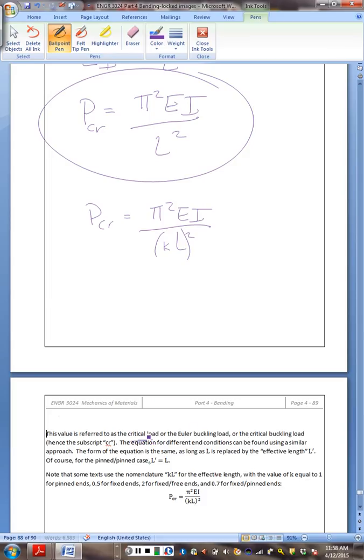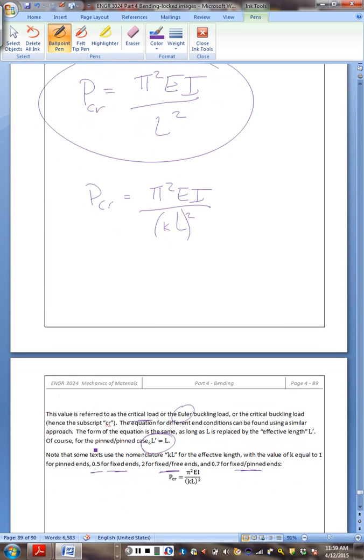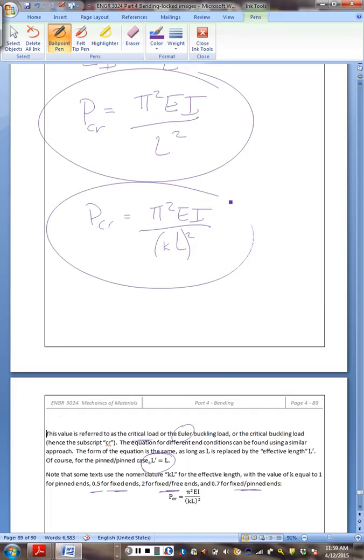This is the critical load, also called the Euler load, and to consider different end binding conditions, such as fixed, fixed free, or fixed pinned, you have to make two changes. One of those is using the effective length of the free column, and the other is the modifier factor K for end effects. But that little bit of calculus is where the critical buckling load comes from.